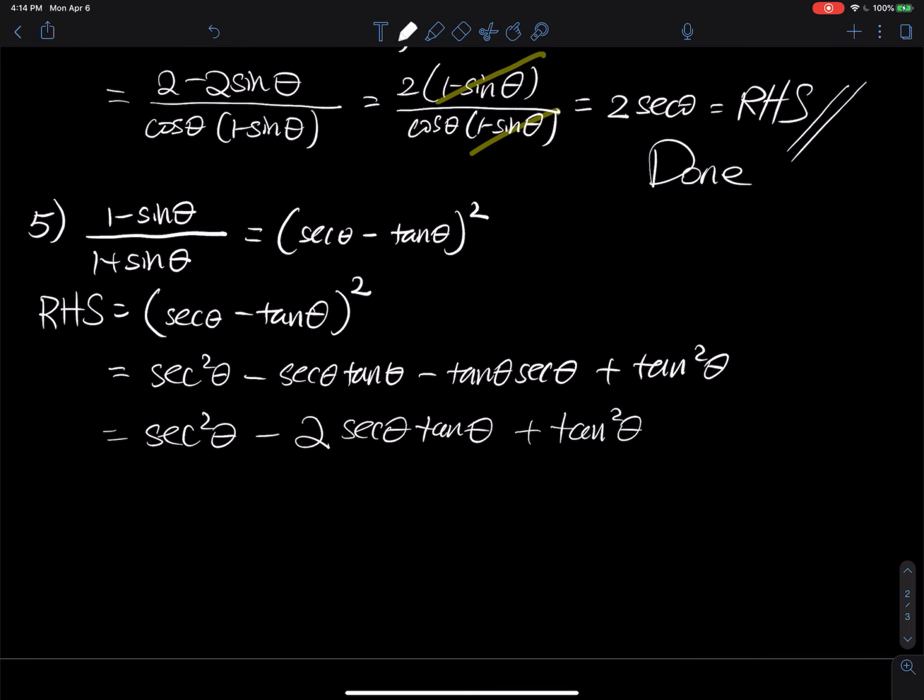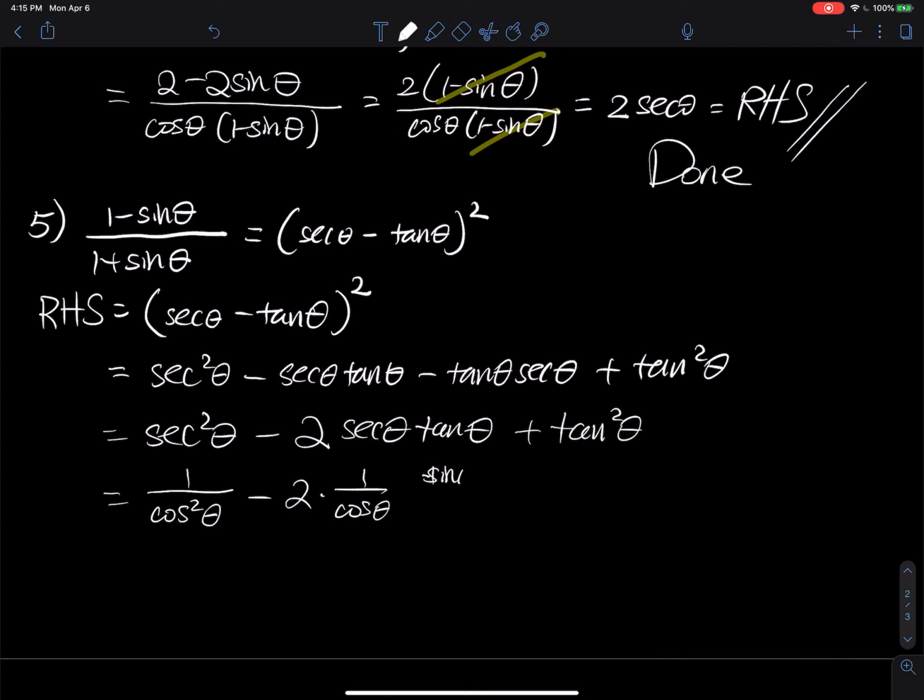Okay, look, I am trying to get to the 1 minus sine divided by 1 plus sine. There is no sine in here. So I have to make some sine out. First, the secant is 1 divided by cosine. And then the secant tangent, we can do that too.